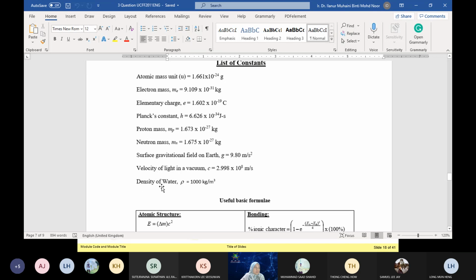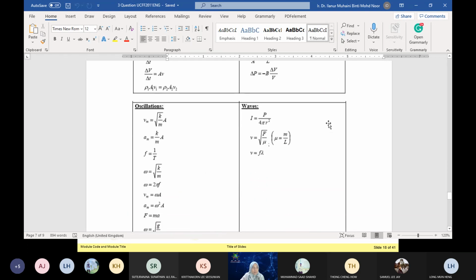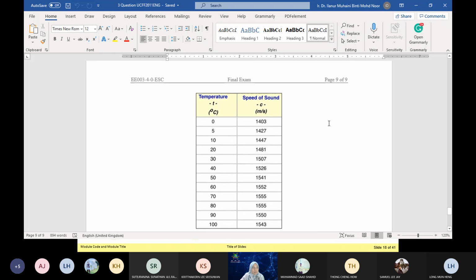For example, density of water. If only the density of water is required or asked during the exam, then it will be just like this. If there are other questions related to seawater or other liquid, then it will be in a table form, something like this.